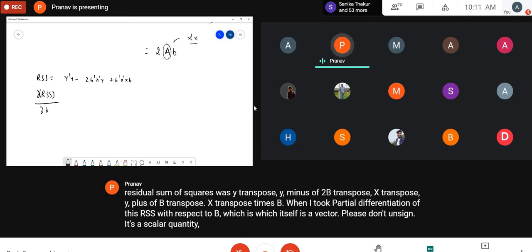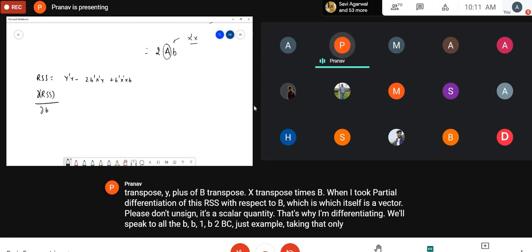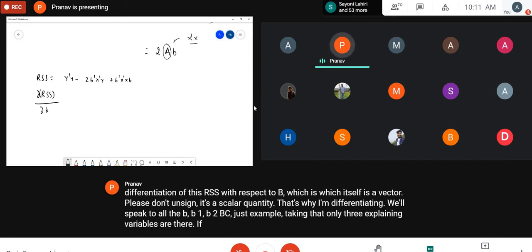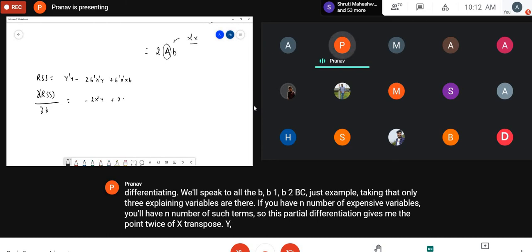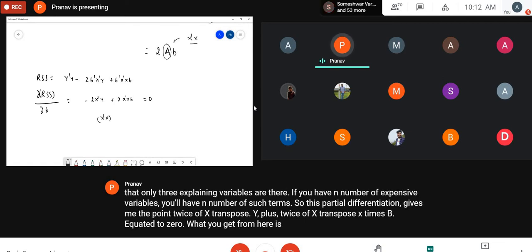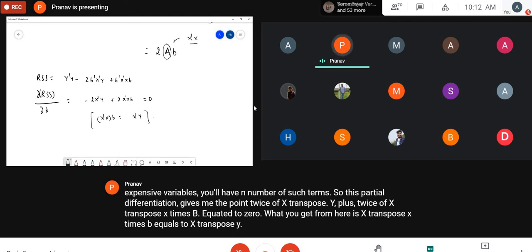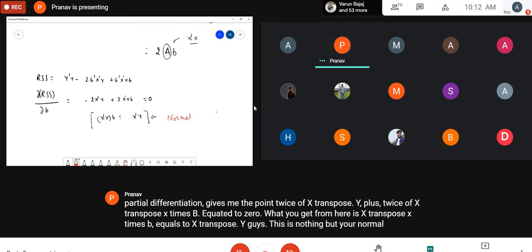That's why I'm differentiating with respect to all the B, B1, B2, B3. Just as an example, taking that only 3 explanatory variables are there. If you have n explanatory variables, you'll have n such terms. So this partial differentiation gives me twice of X transpose Y plus twice of X transpose X times B equated to 0. What you get from here is X transpose X times B equals X transpose Y. Guys, this is nothing but your normal equations.